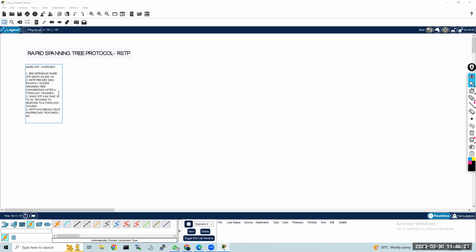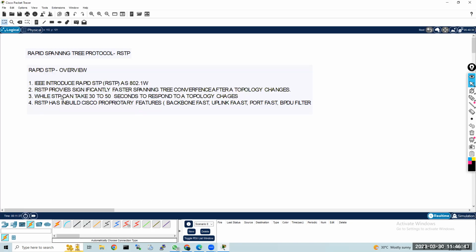That is backbone fast, uplink fast, port fast, and BPDU filter. By default, it does this job. And one more job: RSTP was designed with backward compatibility with the standard STP, the standard protocol.